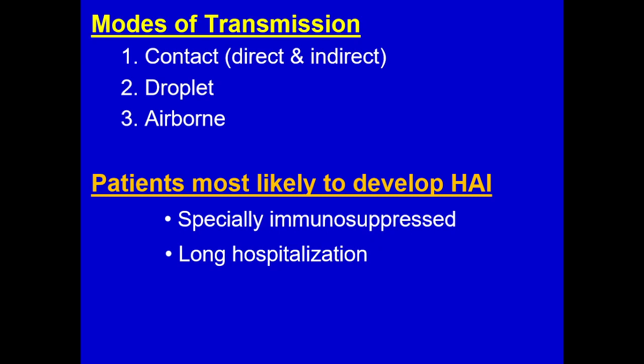The patient most likely to get a health-acquired infection is, of course, immunocompromised, with a long hospitalization. There is a policy to keep patients in hospitals as little as possible.